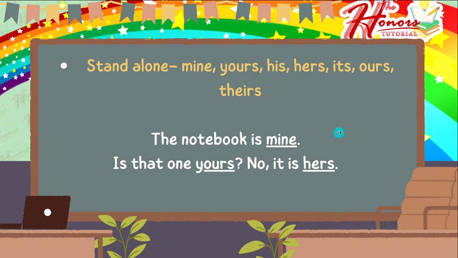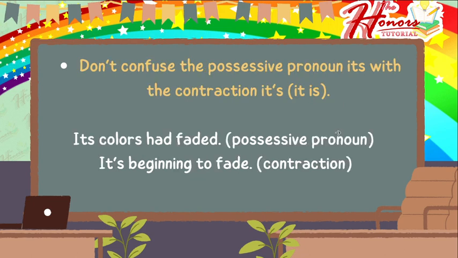Okay? Do you understand? Alright, but in addition to that, don't confuse the possessive pronoun its with the contraction it's. The contraction it's comes from the original words it is. We remove the letter i and replace it with an apostrophe to make a shortened form. For example, its colors had faded.